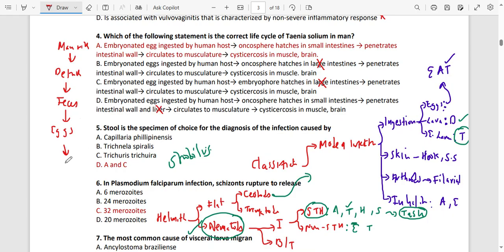So, of the explanation I gave, when they reach the large intestines, they can cause autoinfection. But hatching is happening where you remember you've taken this egg.